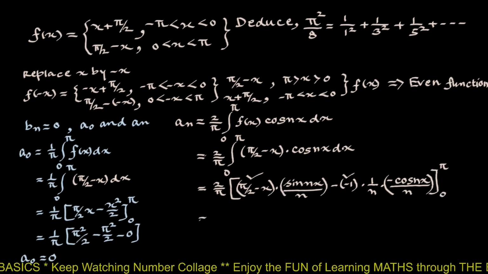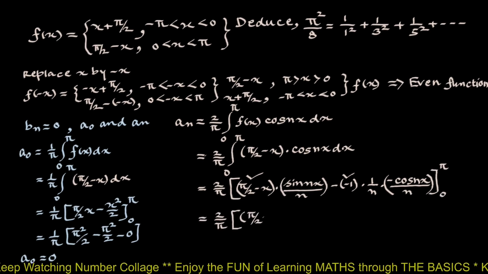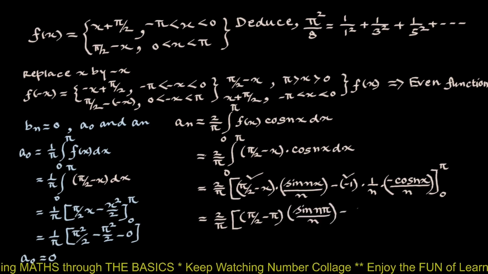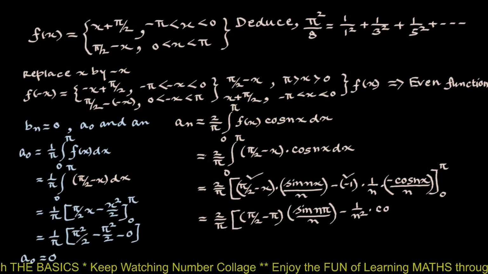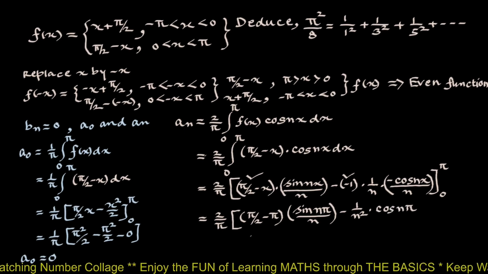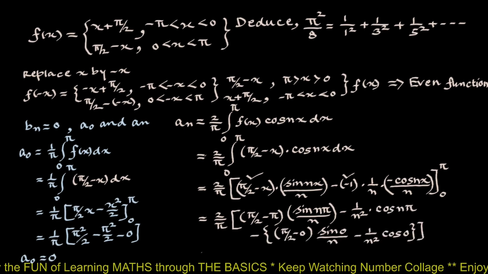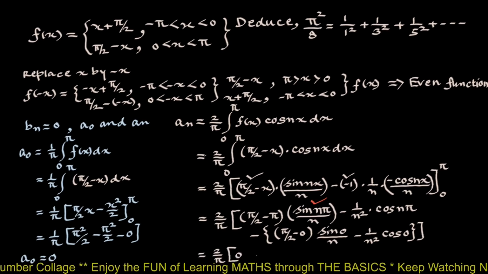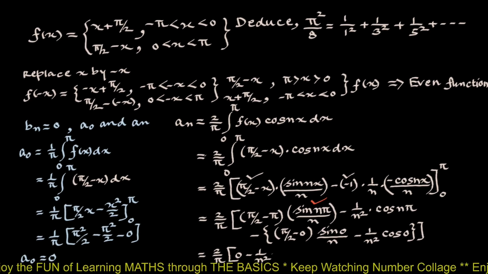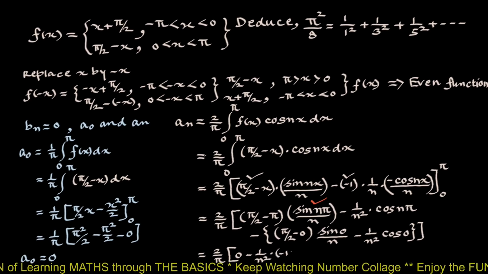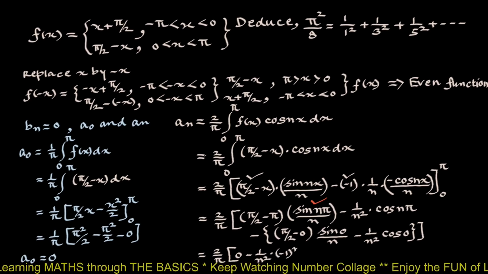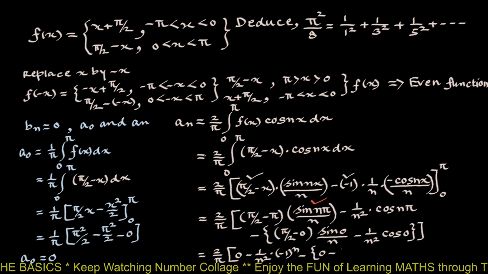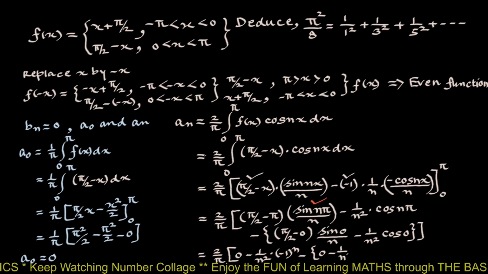From 0 to pi, putting the limits: pi by 2 minus pi into sin n pi upon n, minus 1 upon n square into cos n pi, minus, putting the lower limit 0, since sin n pi is 0, 0 minus 1 upon n square, cos n pi is minus 1 to the power n, minus sin 0 is 0, minus cos 0 is 1, so it is minus 1 upon n square.